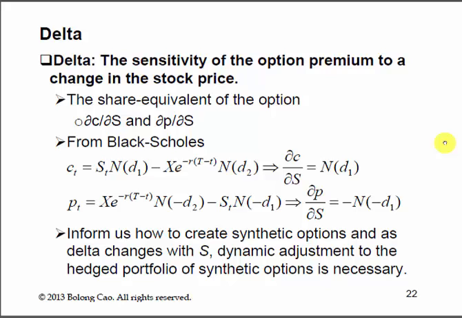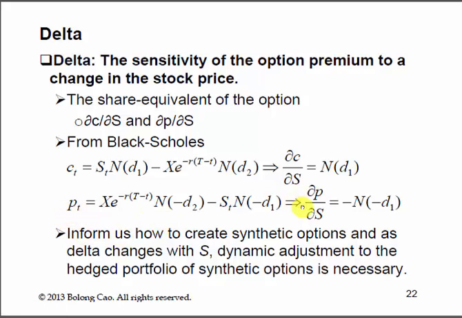In other words, a delta number of shares, that quantity change will be equivalent to one option change. With continuous compounding and calculus, we can show that delta in a call option is N(d1), the CDF at d1.